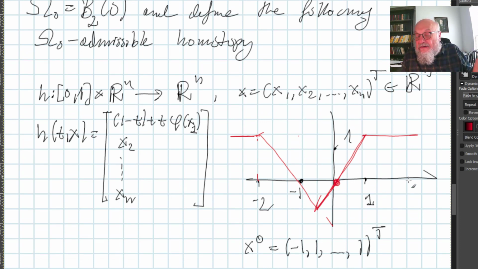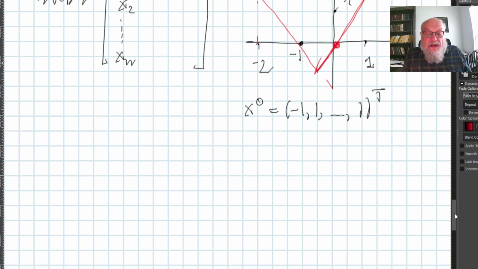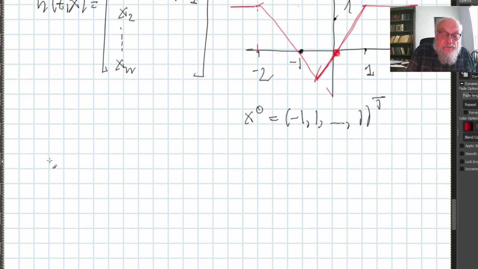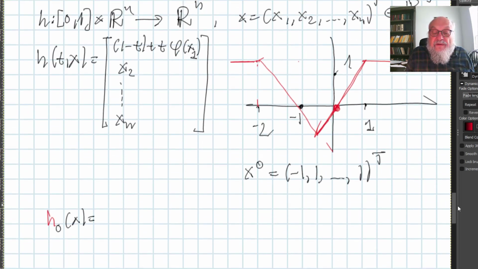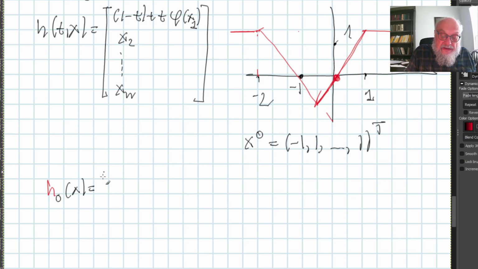And of course, you can see immediately that h0 of x is nothing else than the map that looks like that. So this will be the map that gives you value 1, and this will be x2, and this one is xn transposed, which is never equal to 0.